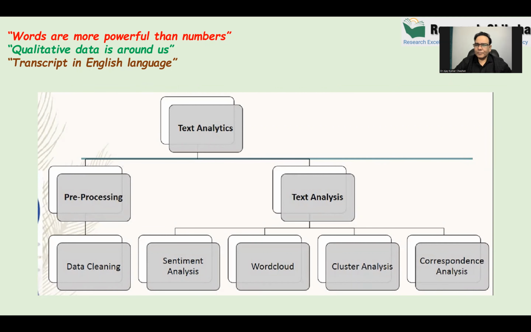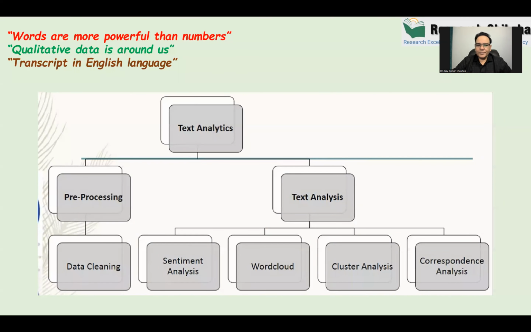For example, if the word is success, what are the different words which come before that in the sentence, and what are the different words which come after that? There are many algorithms available to find out the words before and after a particular word.